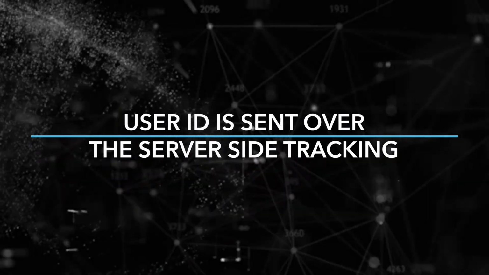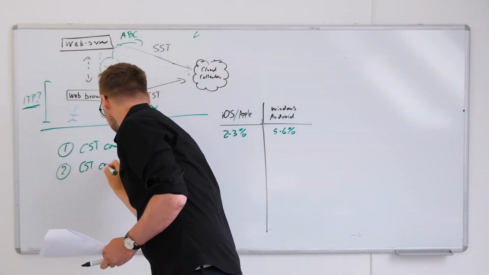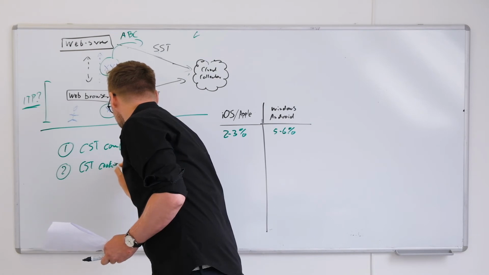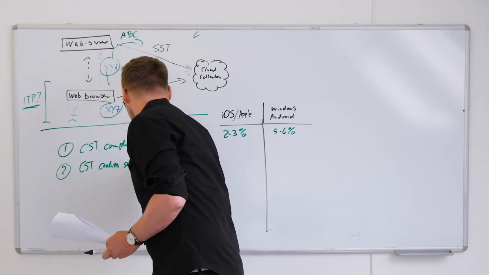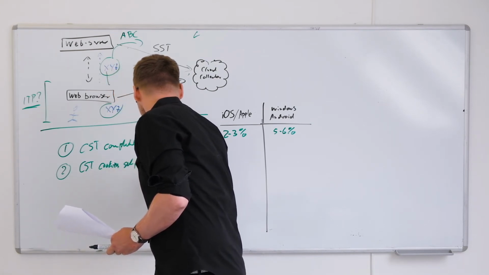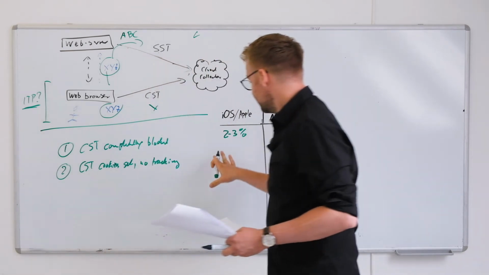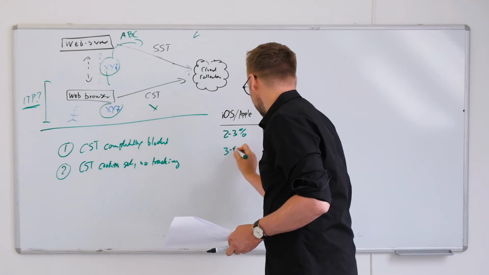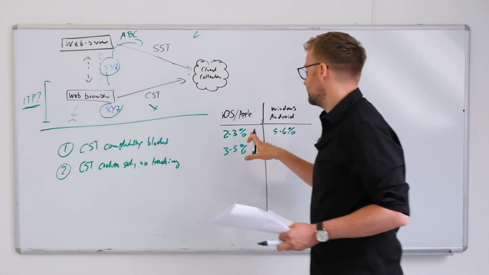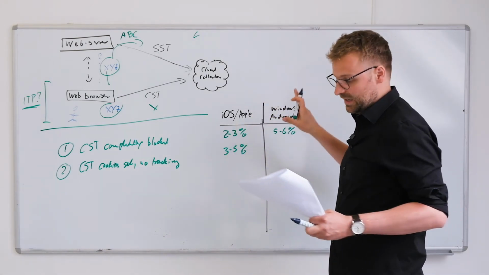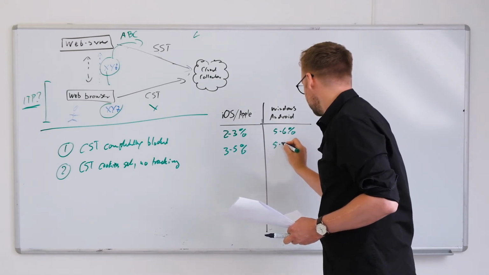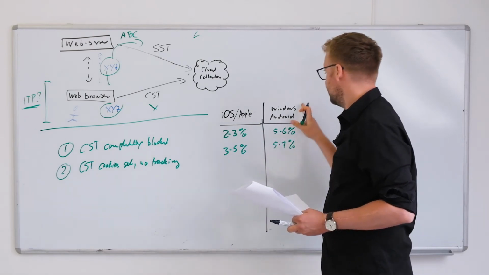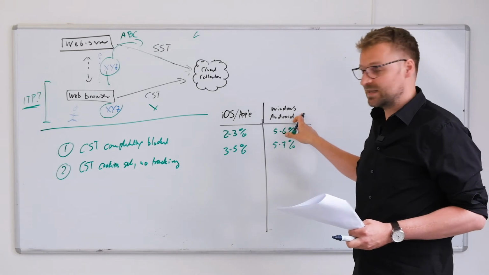So we have CST: cookie set, no tracking. And this is happening in 3 to 5% of the cases in the iOS and Mac world, and even 5 to 7% in the Android and Windows world.